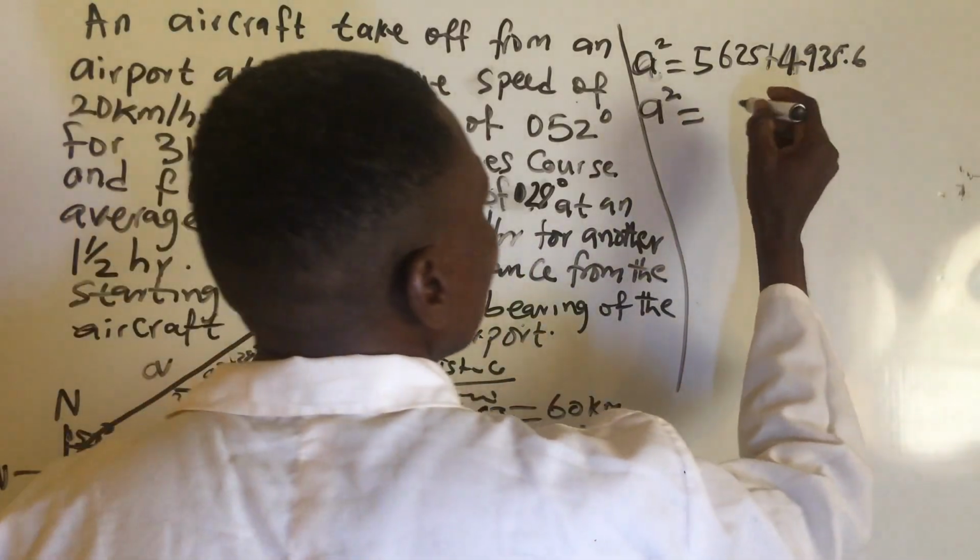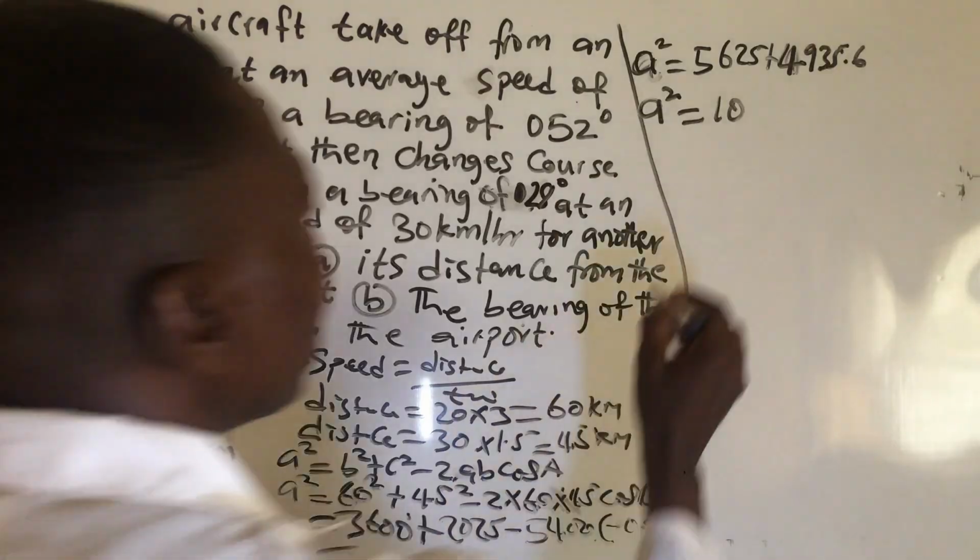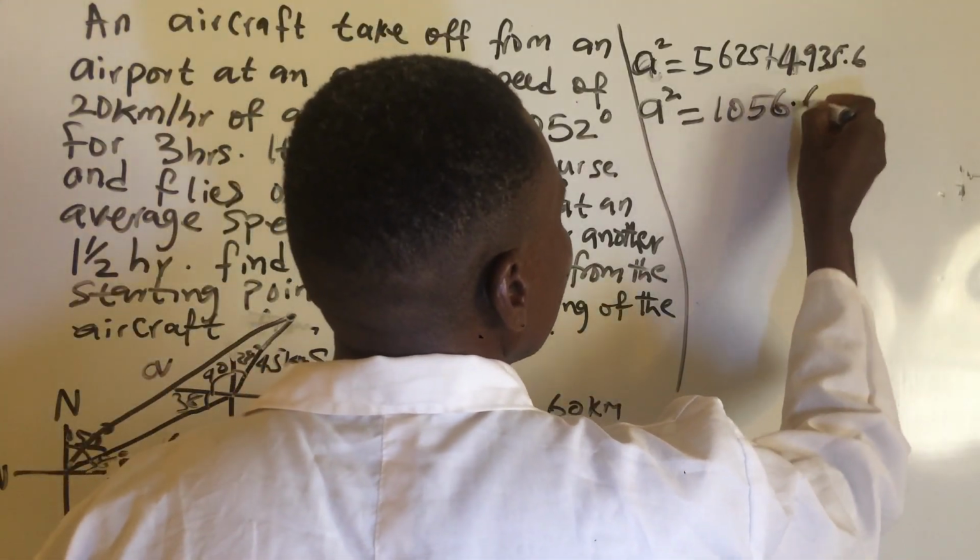Then a square equals, let us add them. When we add this, it will now give us 10,560.6.